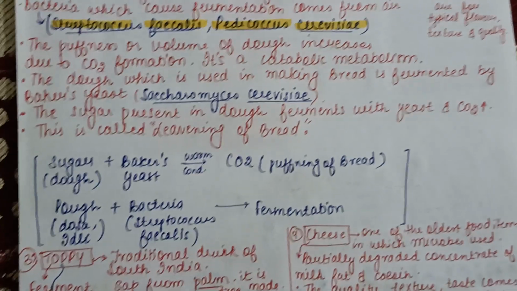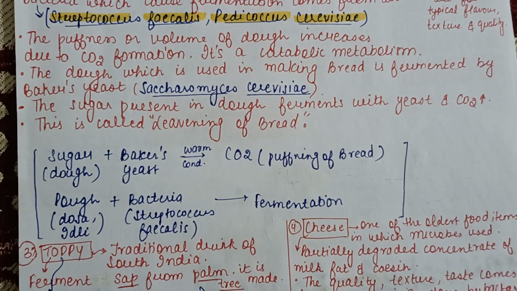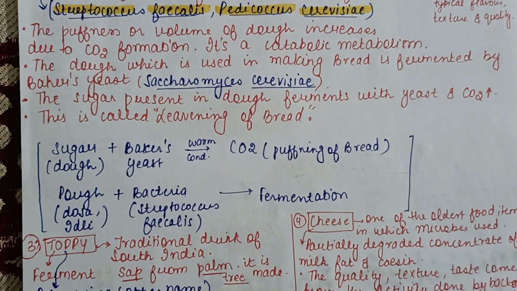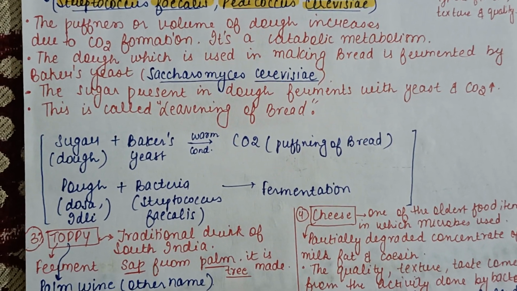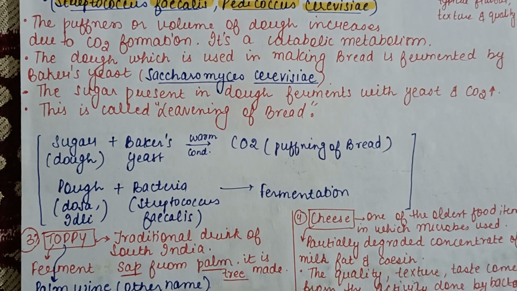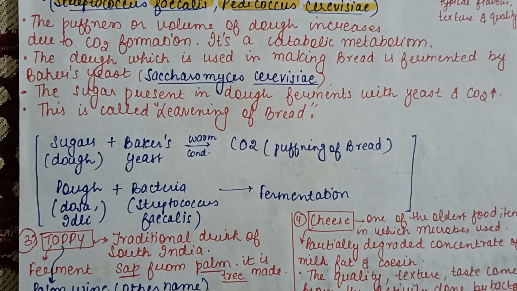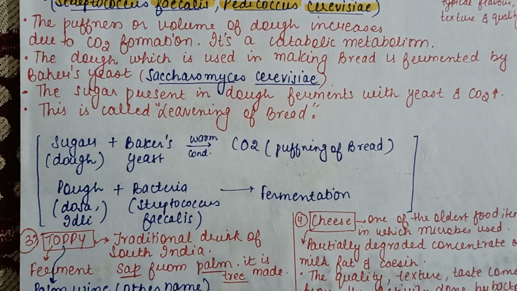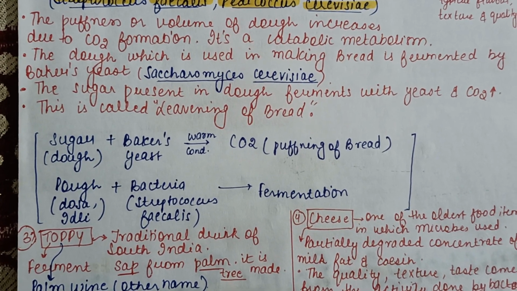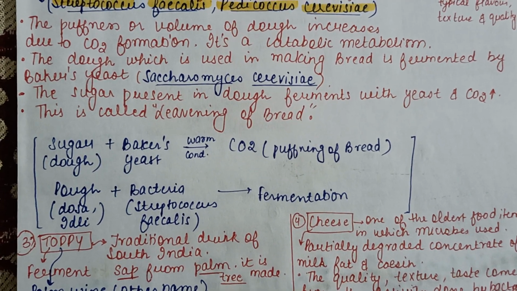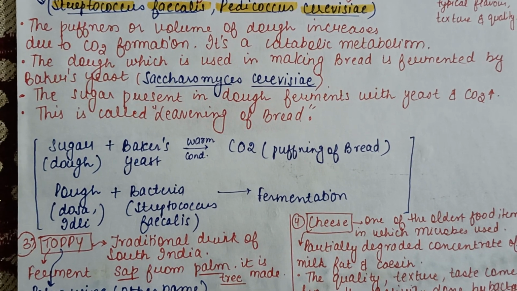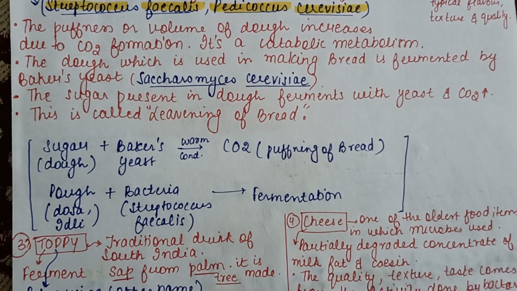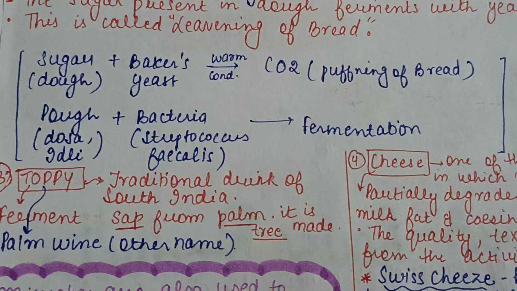Then there are some basic notes in reaction form, like sugar plus baker's yeast in warm conditions, then CO2 production will occur, which can lead to puffing of bread.